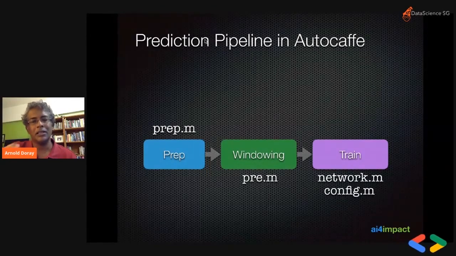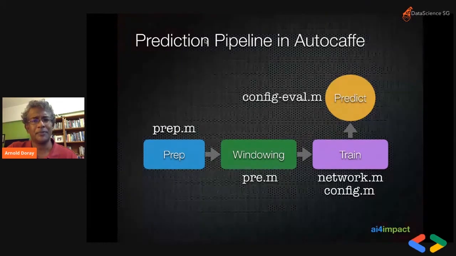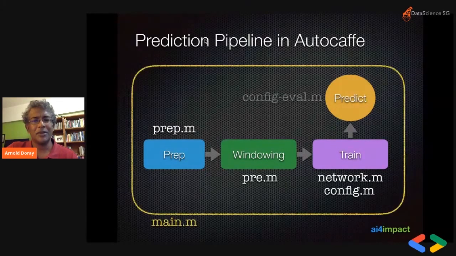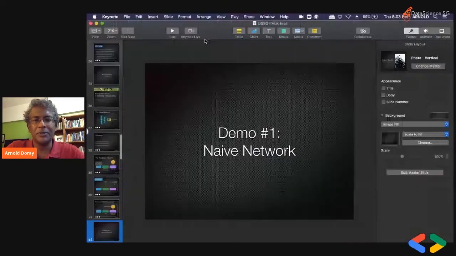The network is basically your network configuration, and your config is basically the possibilities or settings that you can set for the network itself. And then, of course, you run the prediction. All of this is orchestrated by a single file called main.m. We cleanly separate this stuff out because otherwise you get a mess. So let me just demo now on AutoCAD the naive network so you can take it through.